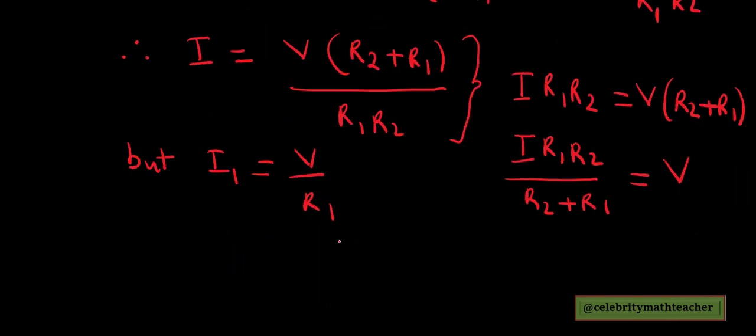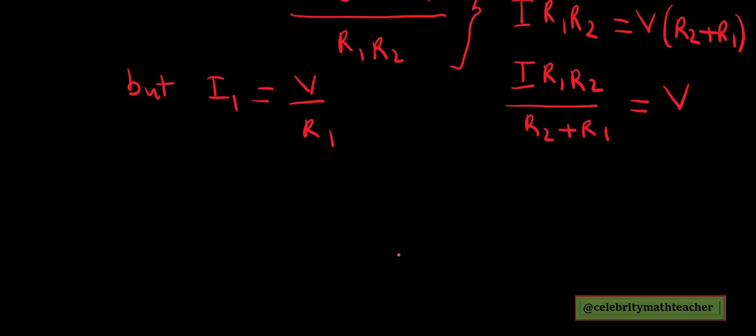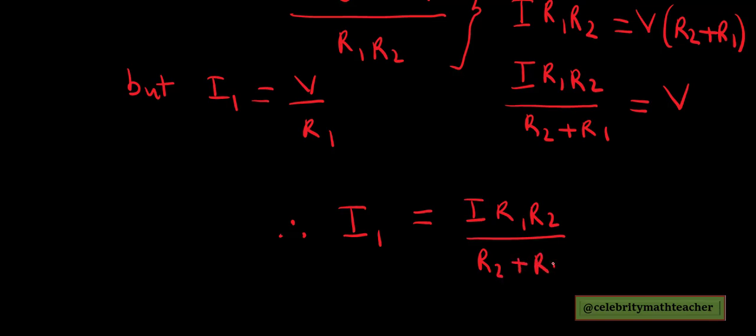So therefore I1 is equal to V. This is the result for V. So I have it as I R1 R2 all over R2 plus R1, divided by R1.